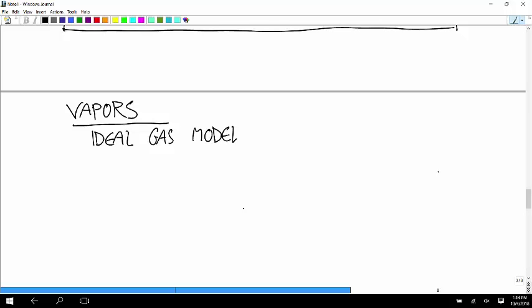The things that are liquids or solids at atmospheric pressure, when you make them evaporate and they turn into a gas, those are what you call vapors. So for example, steam is a vapor because it isn't steam at standard atmospheric conditions.